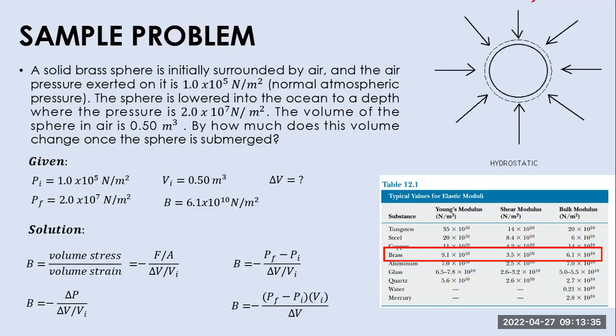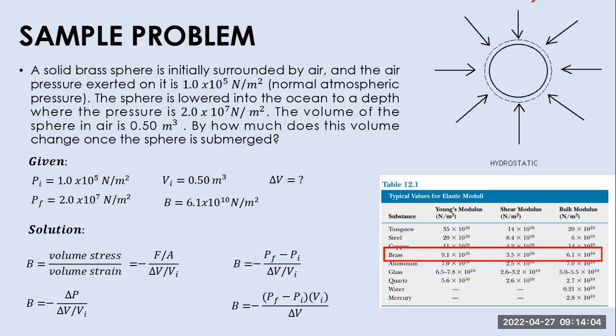The sphere is lowered into the ocean to a depth where the pressure is 2.0 times 10 to the power of 7 Newton per meter squared. The volume of the sphere in the air is 0.50 meter cube. By how much does this volume change once the sphere is submerged?